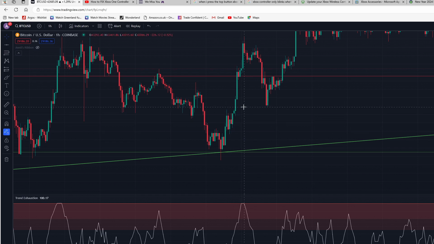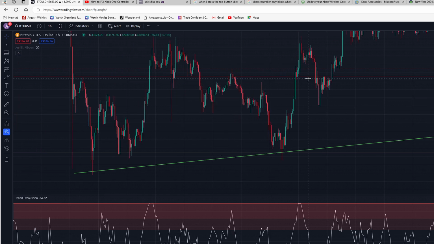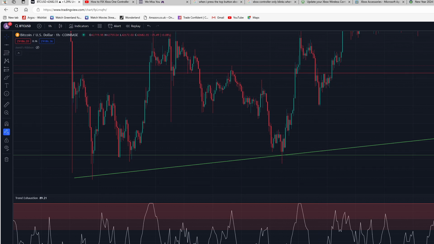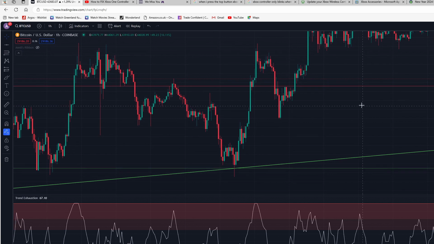And then, understanding that you have made your resistance lines on the top, you can see how price has been struggling on a certain level, and you can get out. To get out of a trade, you can understand it with the bearish candle.